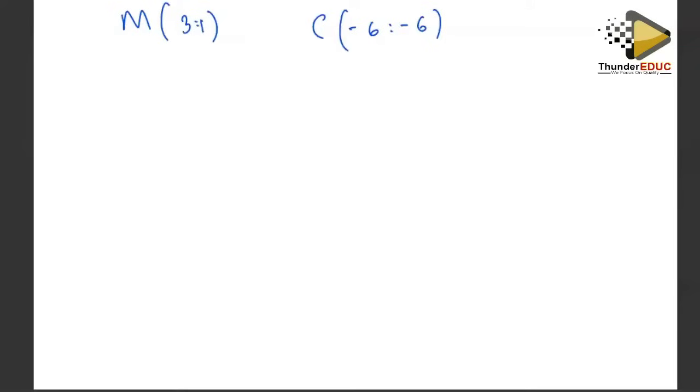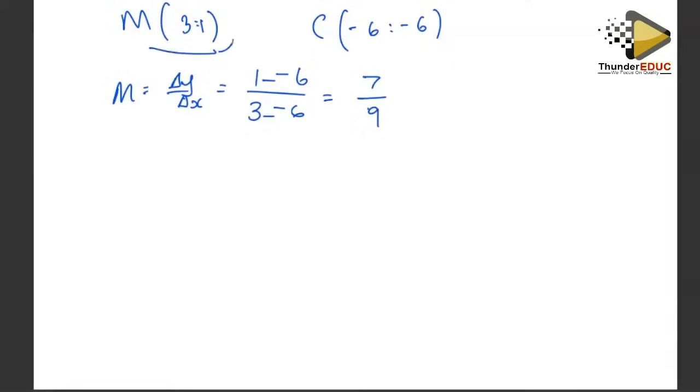So whenever we get the equation, number 1, we need to find the gradient, change in y over change in x. So we're going to say 1 minus -6 over 3 minus -6, meaning that we're going to have 7 over 9. Okay, that's the gradient. Yeah, I know it's weird, but it's fine.